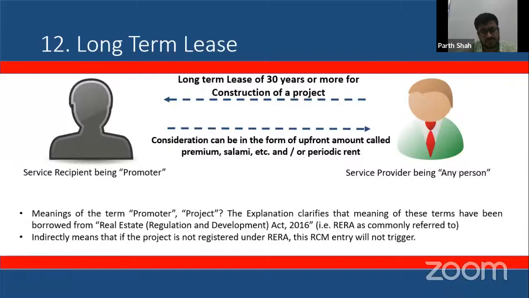Again, the promoter's definition is borrowed from the RERA Act. So if the project itself is not registered under RERA, then obviously this RCM entry also will not be triggered. But only in case where the project is registered under RERA and the person who receives the long-term lease is a promoter, then in those cases the promoter is liable to pay tax under reverse charge mechanism.